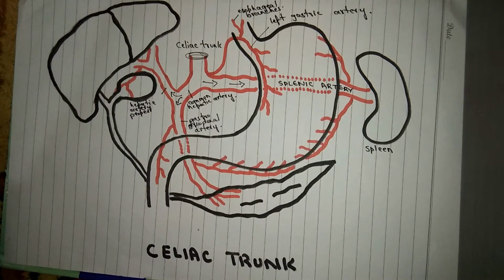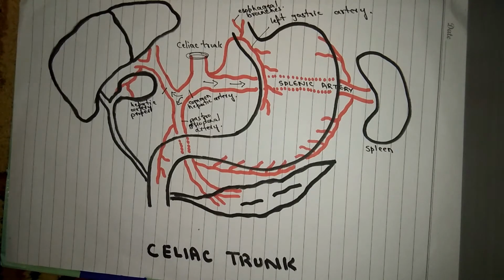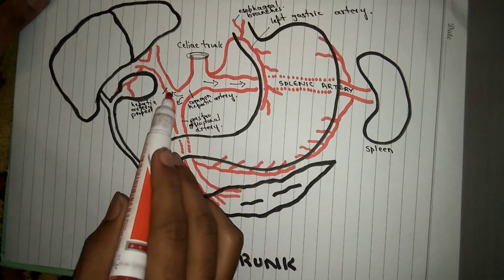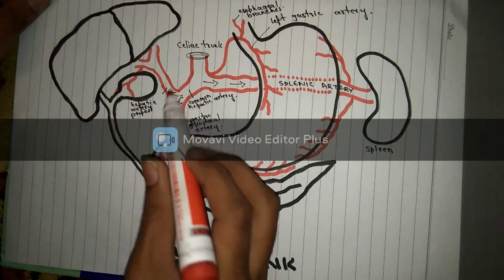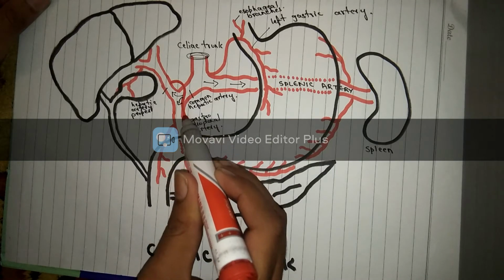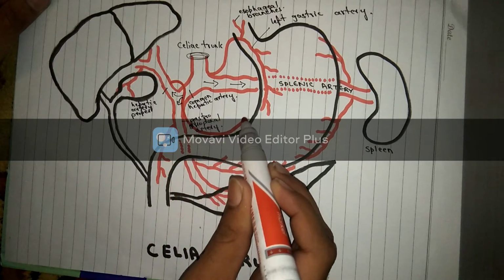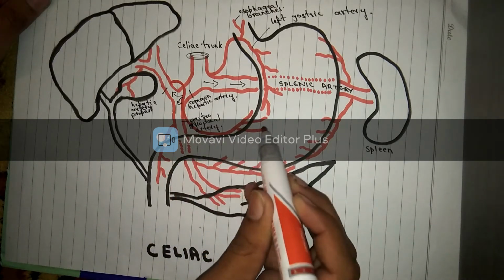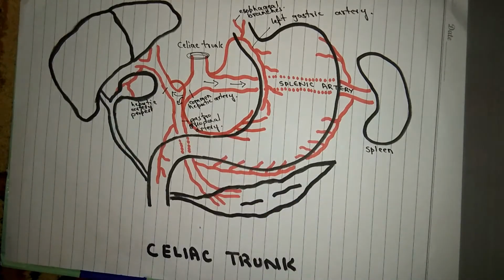So now let's look at the hepatic artery proper. First of all, the hepatic artery proper going towards the liver is going to give another branch, which will go to the lesser curvature of the stomach and supply the stomach wall.